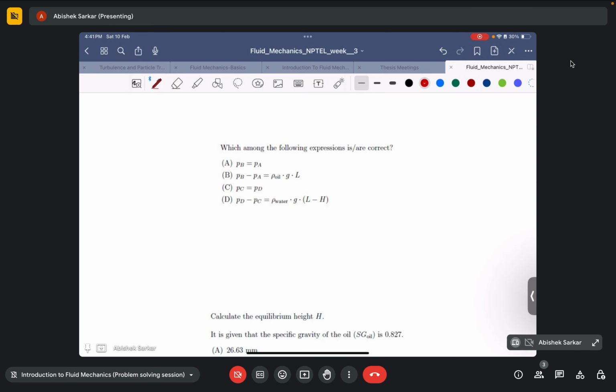Any progress? Still, the options are not matching. Okay, can you tell me your answers? What did you get? Yes, sir. So PA plus rho oil g L is equal to PC plus rho W g (L minus H).